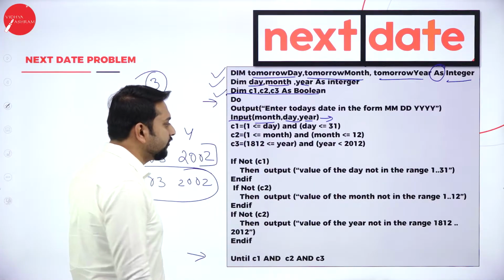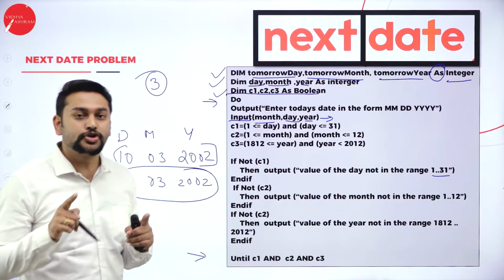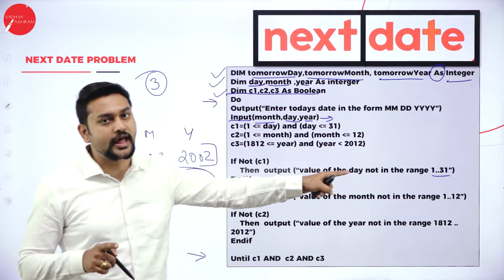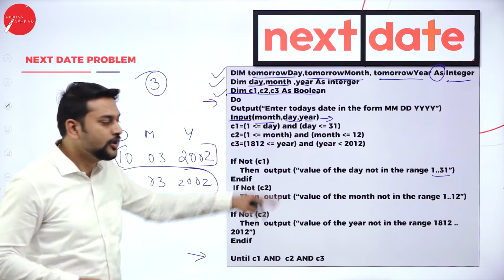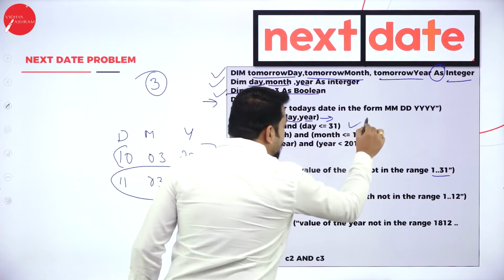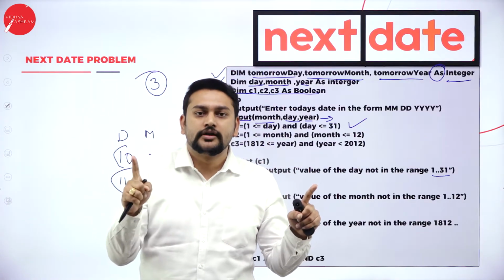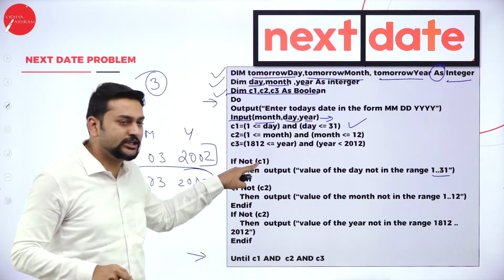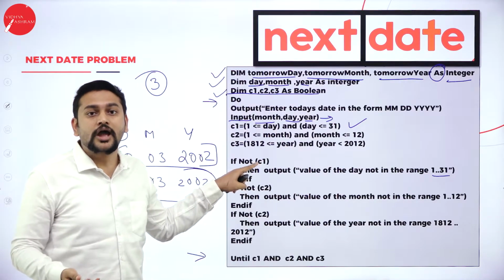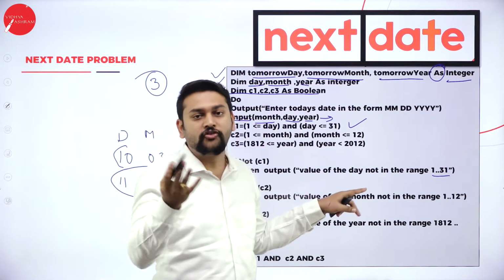Please observe, whenever you're entering the day, it should be in this range. That's the condition that I have. My day should be within the range of 1 to 31. Suppose that is not true, then in my C1, I will have 0, or false.